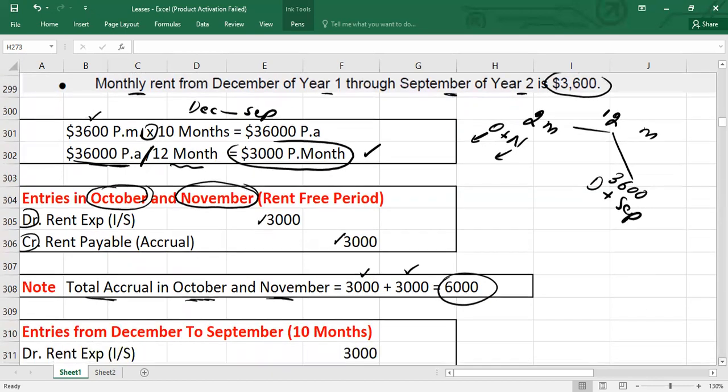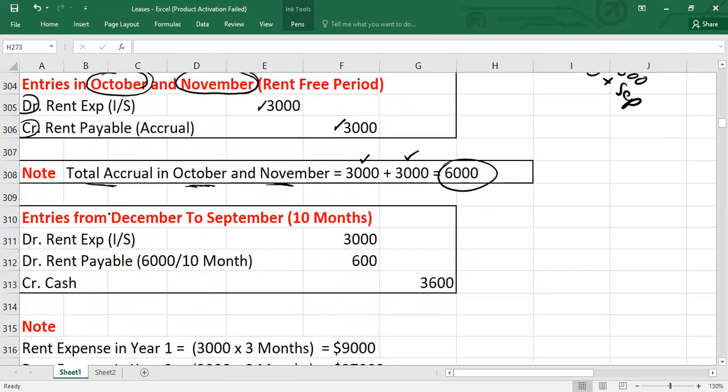Let's have a look. From December we are going to make payments, from December till September of next year. So in total, 10 payments you are going to make. Every month, of course, in the month of December also, you will debit the rent expense with 3,000. The same entry you will pass in December, January, February, March, April, May, June, July, August, and September.